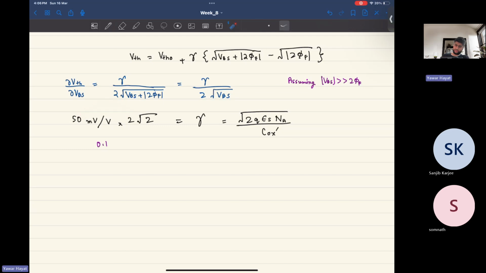If you multiply 2 square root of 2 with this, it will be 0.1 times square root of 2, which is equal to square root of 2q epsilon_s NA over Cox. Taking square on both sides, the 2 and 2 will go. It will be q epsilon_s NA over Cox squared.